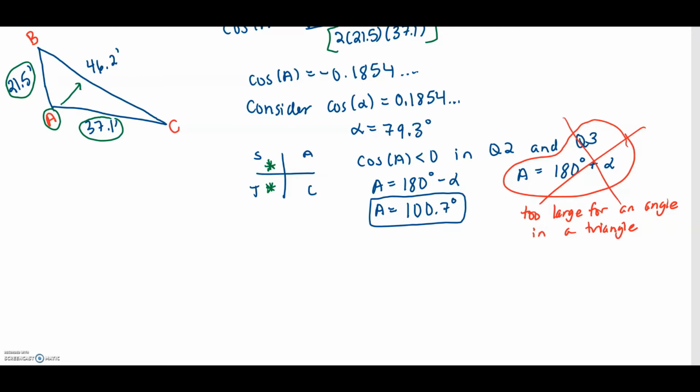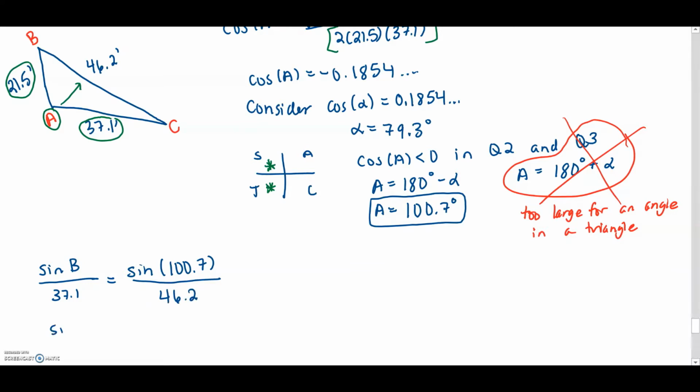Continuing by alphabet, let's find angle B. So applying the sine law, placing the angles on top, we get sine B divided by the side length across from it is equal to sine of the angle that we already have, 100.7, which is angle A, divided by the side length across from angle A.